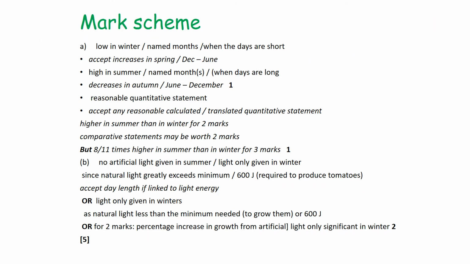So the answer really does need to reflect that. So you need to say that there's no artificial light in summer because the day lengths are long enough and there is sufficient natural light that exceeds our 600 joules required. Or it's only given in the winter months where there is insufficient natural light, therefore supplementing by artificial light.